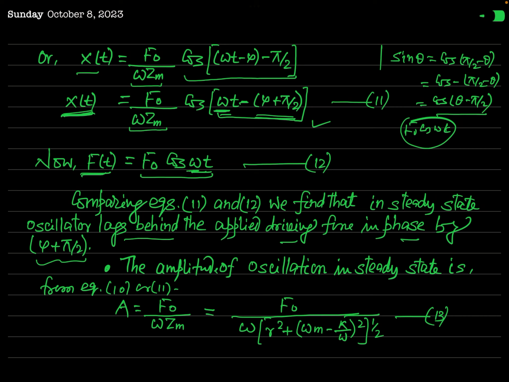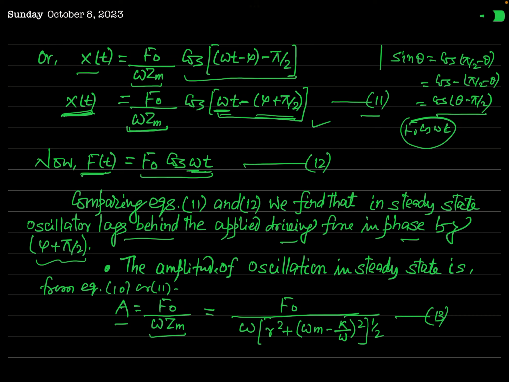Okay. Now observing this equation 11, can you say what is the amplitude of oscillation? You know, this factor f naught over omega Zm is the amplitude. So the amplitude of oscillation in steady state is given by A equal to f naught divided by omega Zm.